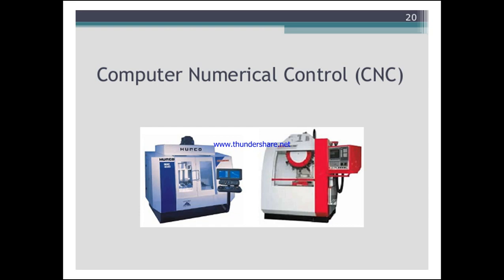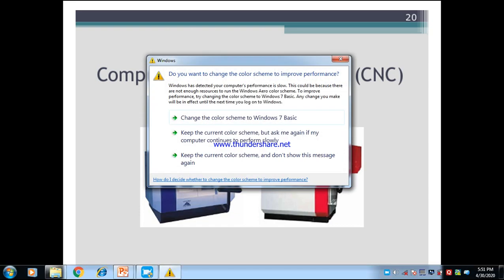So by using these different numeric characters, we go for controlling of the machine by using computer, by using the program as well as the softwares. So that is what we are having in the computer numerical control machines.